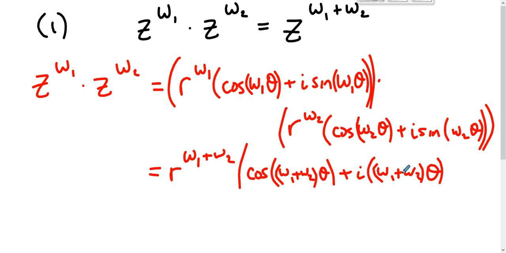There's a sine in there, i times the sine of that. It turns out to be exactly what you thought it was. It turns out complex numbers don't change this reality. De Moivre's theorem confirms for us that complex numbers do not change this reality.